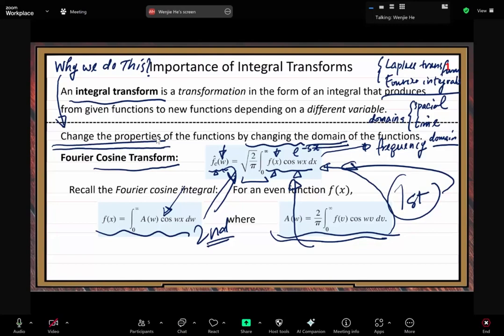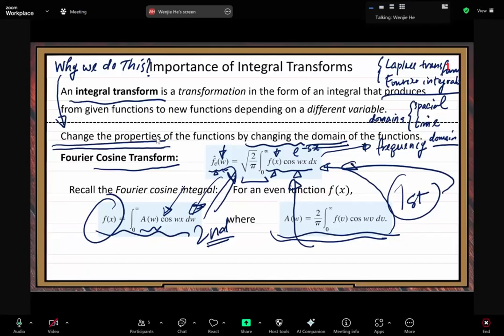You still want to go back to the original environment of the question. So the inverse transform is also very important. Here we have the same situation. When we do the Fourier cosine transform and we want to recover the original function f of x from its Fourier cosine transform, you can treat this capital A function as the Fourier cosine transform.